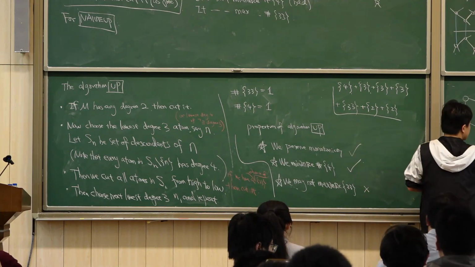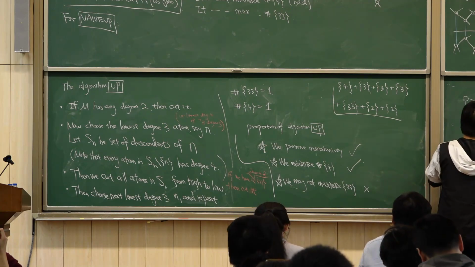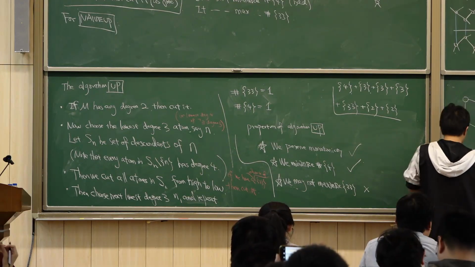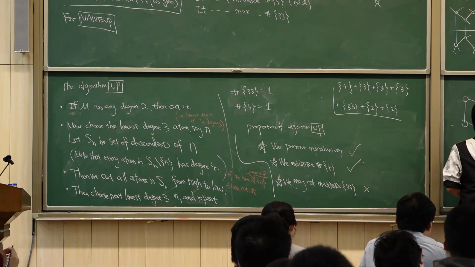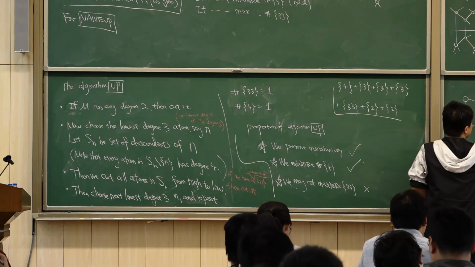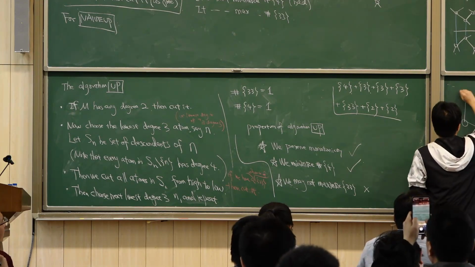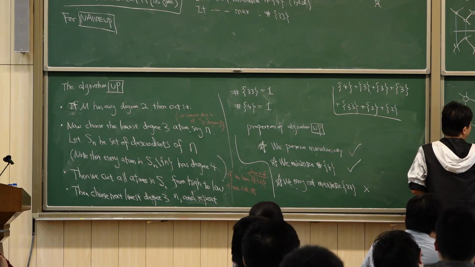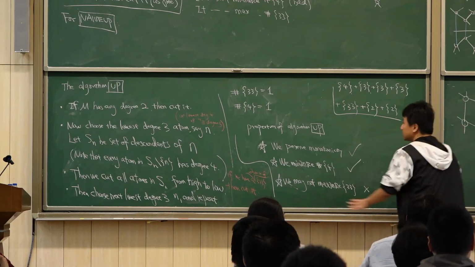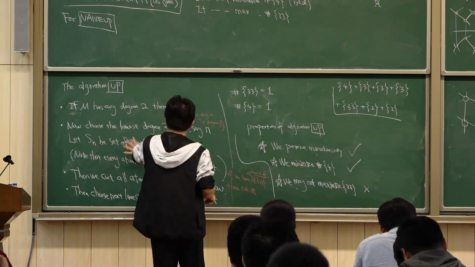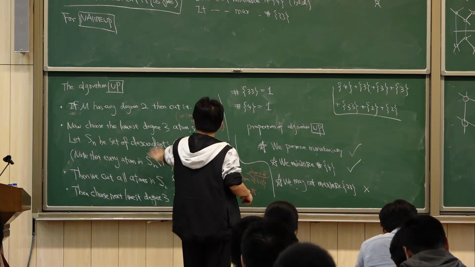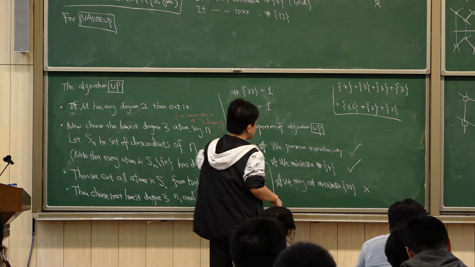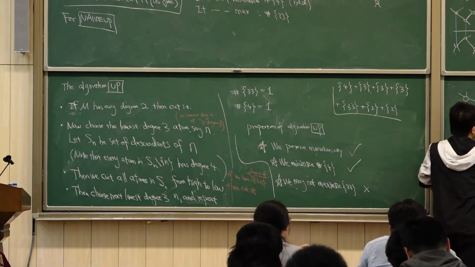Fine, we cut this, and then we generate 2 degree 3s. We should cut this one instead of this one. Of course, it is not specified in the algorithm up, so we don't know. If we have bad luck, or we are not clever enough, we may miss this. But the real thing is that we should cut this instead of this.